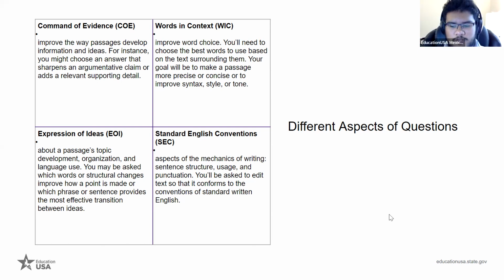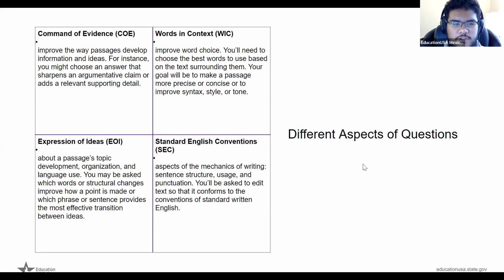Yeah, so the next type of aspect that can be found in these questions is the expression of ideas, which focuses mainly on the structure of a passage, how it develops the topic it's talking about, how the passage is organized, and the kind of language it uses, also like diction.